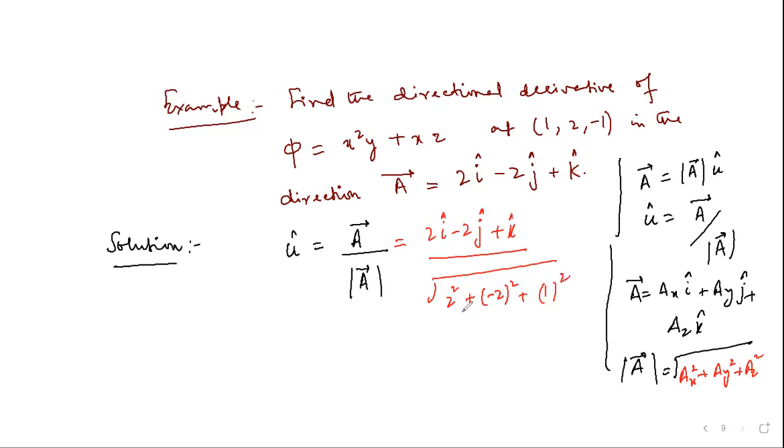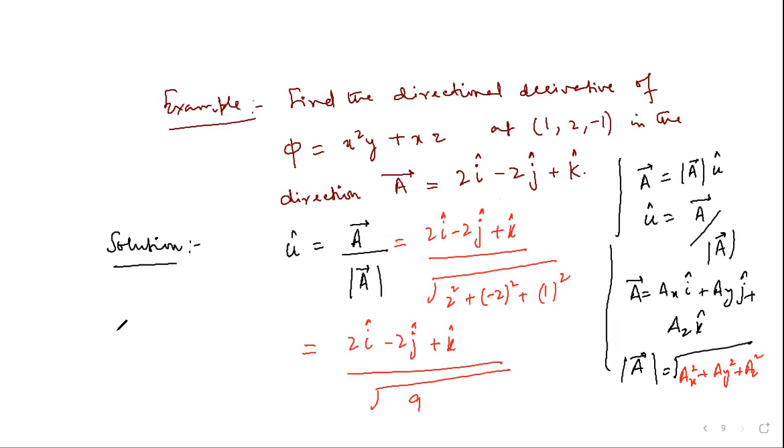Got it? 2 square plus minus 2 square plus 1 square. So what is it? Equal to 2i minus 2j plus k over, 2 square is 4, minus 2 square is 4, 1 square is 1. That is 4 plus 4, 8, plus 1 is 9.